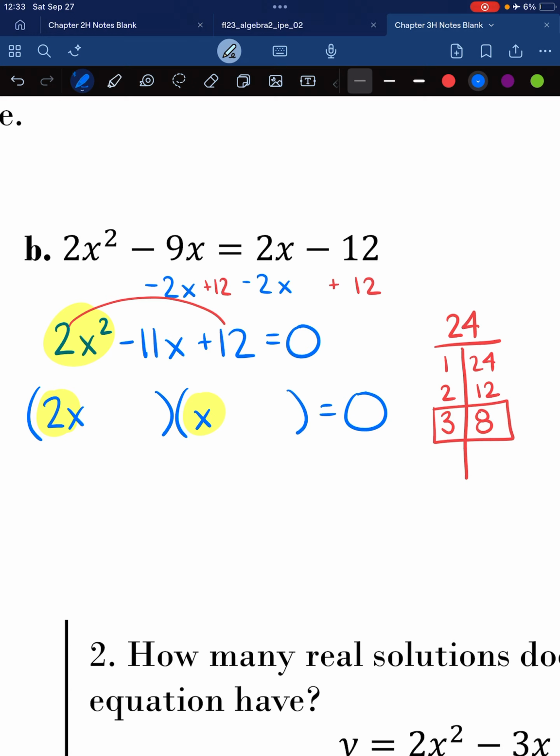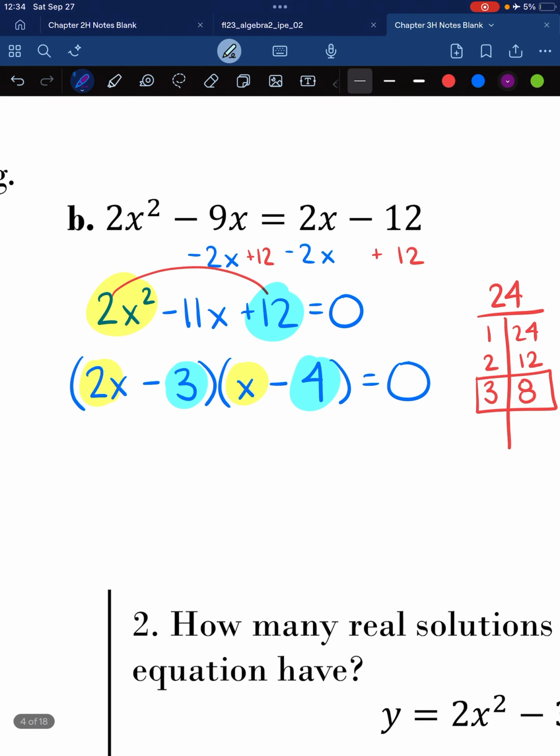Well, 2 times nothing's going to be 3, but 2 times 4 is 8, and then 3. And I can double check and just make sure that 12 is in fact 3 times 4, looking good. And the only way for them to combine to be negative is if both of the factors are negative, and -3 times -4 is +12.